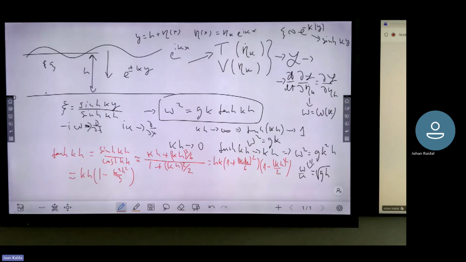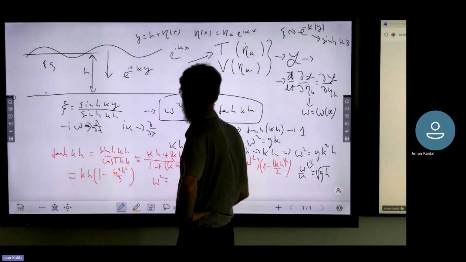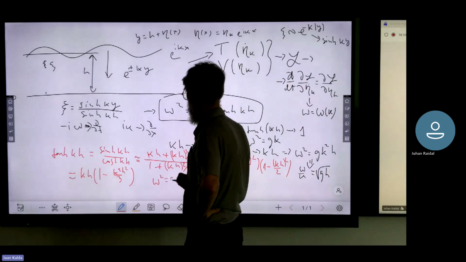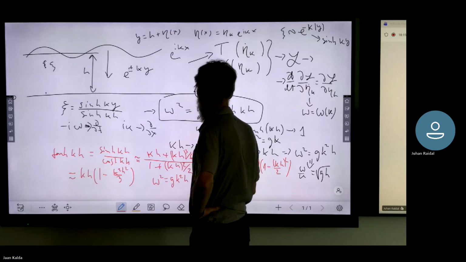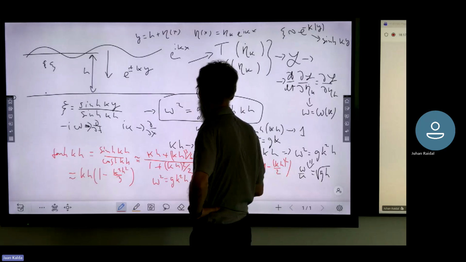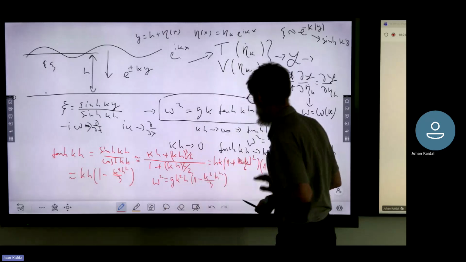And so now our dispersion relationship becomes omega squared equals g k squared h times 1 minus k squared h squared divided by 3. And now we take the square root of it.